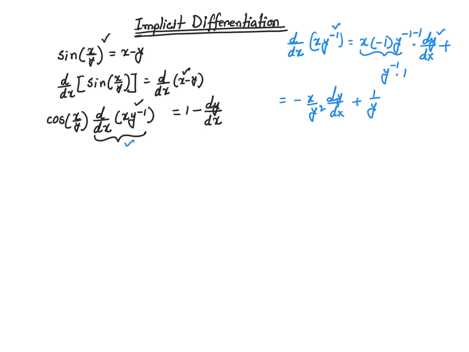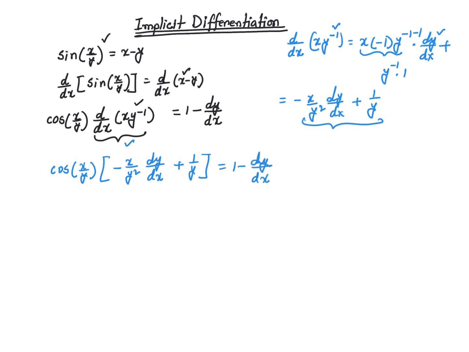So this thing becomes this. I'm going to have cosine of x over y times negative x over y squared times dy over dx plus 1 over y, is equal to 1 minus dy over dx.